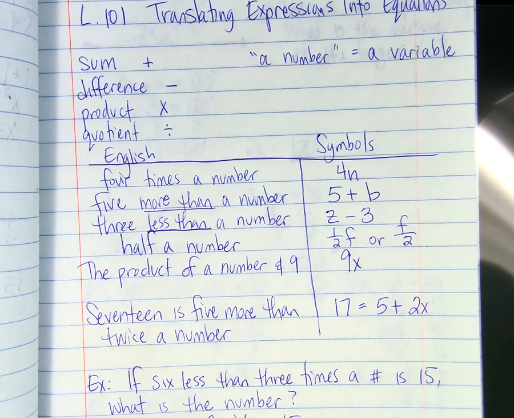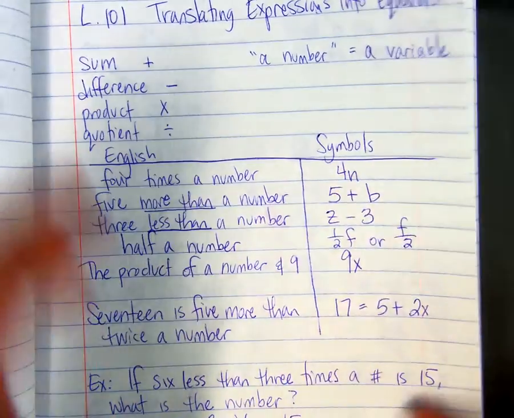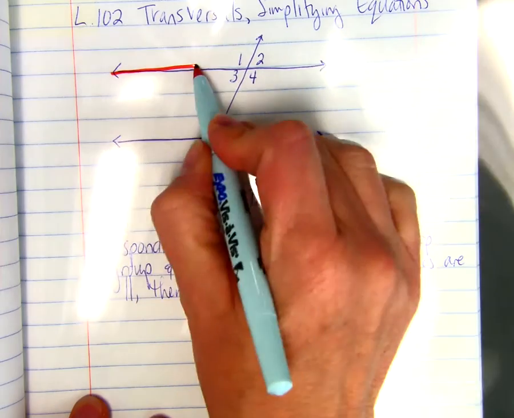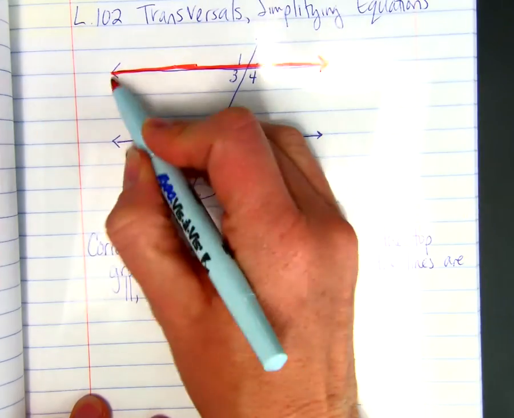Those are dry erase. Here's one. Whoa, okay, wait, that's not it. This is it. So we have our parallel lines. We can draw as best we can.